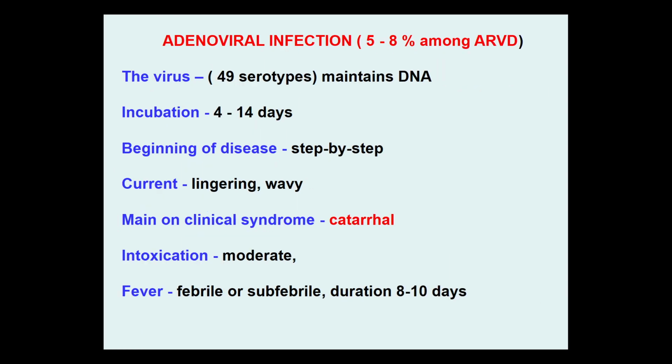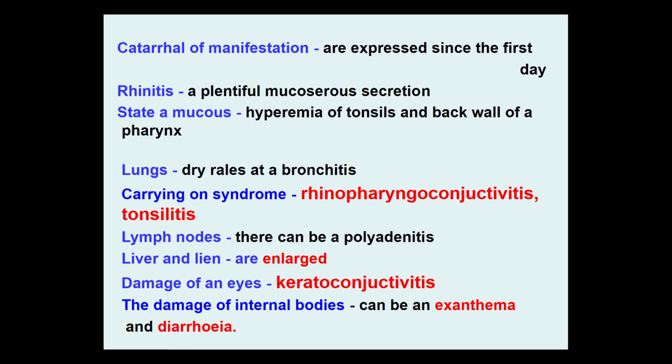Adenoviral infection, 5-8% of all acute respiratory virus diseases, has 49 serotypes, incubation up to 14 days, beginning of disease step by step, course undulating and wavy. Main clinical syndrome catarrhal, intoxication moderate, fever subfebrile or febrile, duration 8-10 days. Catarrhal manifestations are expressed in the first day: rhinitis, plentiful mucus secretion, hyperemia of tonsils and back wall of pharynx.